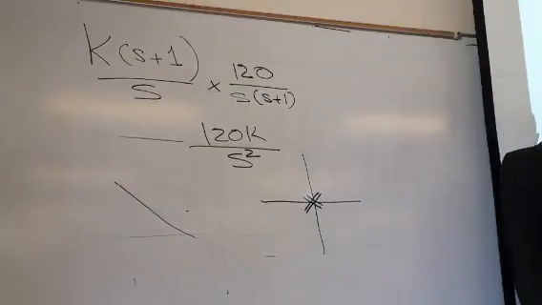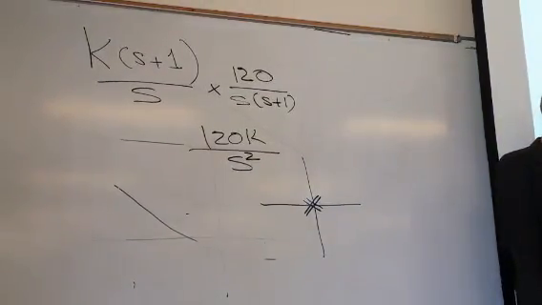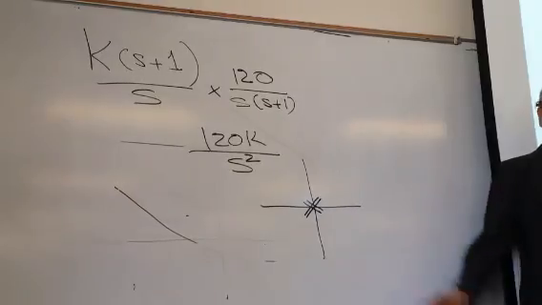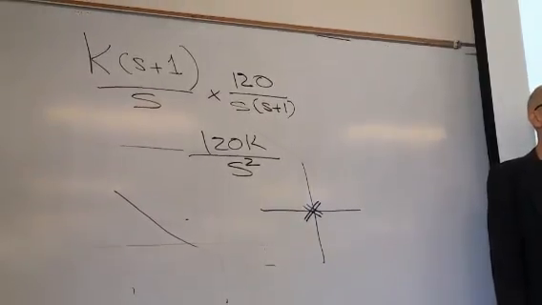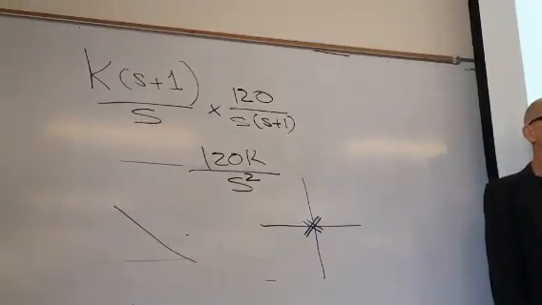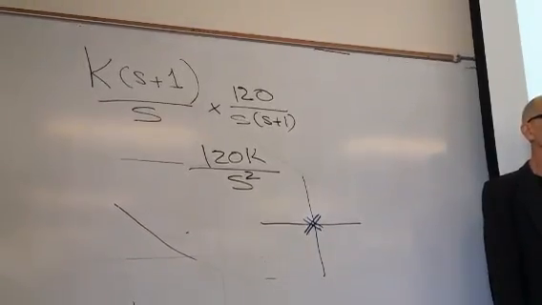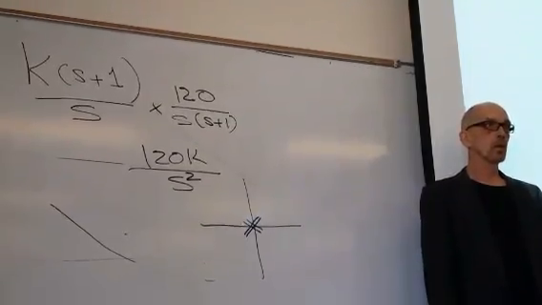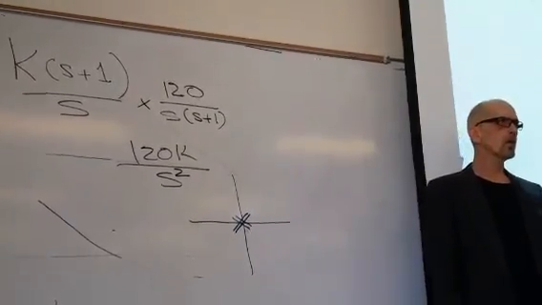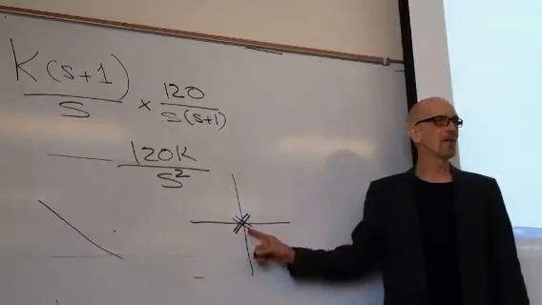What's the root locus? Oh, nothing? There are 2 poles and 2 zeros at infinity. Is there anything on the real axis? Are you to the left of an odd number of x's and zeros? No, this is an even number.